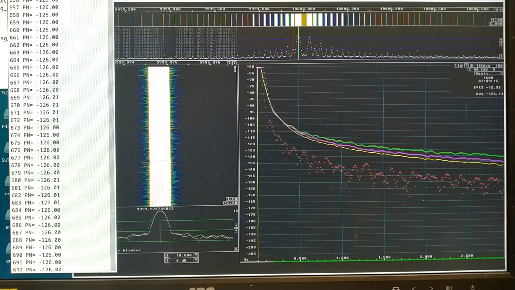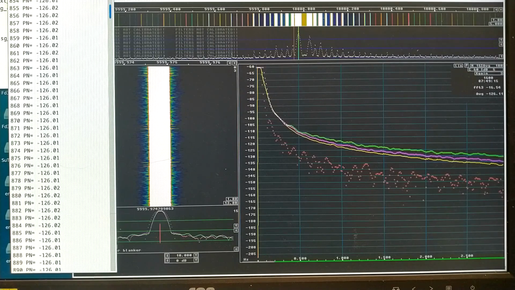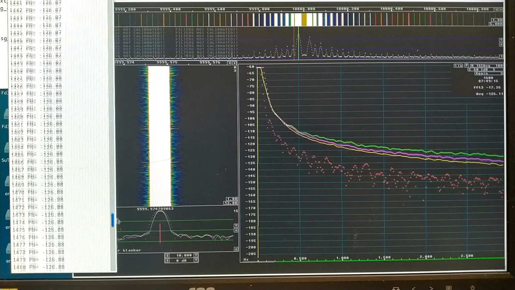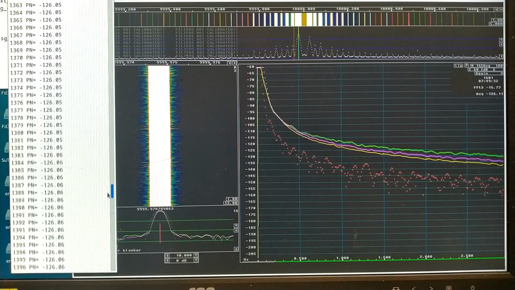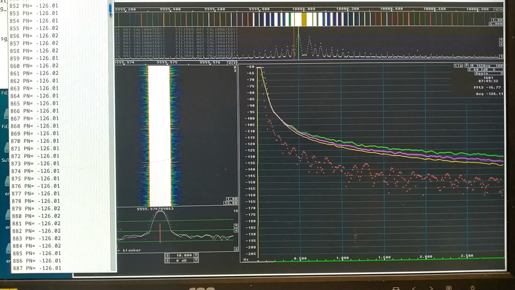But you can see it is 25.99, 26. So it changes slowly over time. I don't know whether it is really the phase noise that changes or whether this is just a statistical variation.